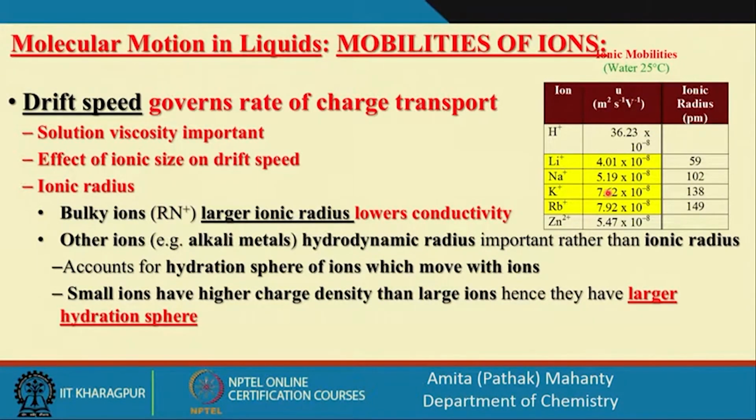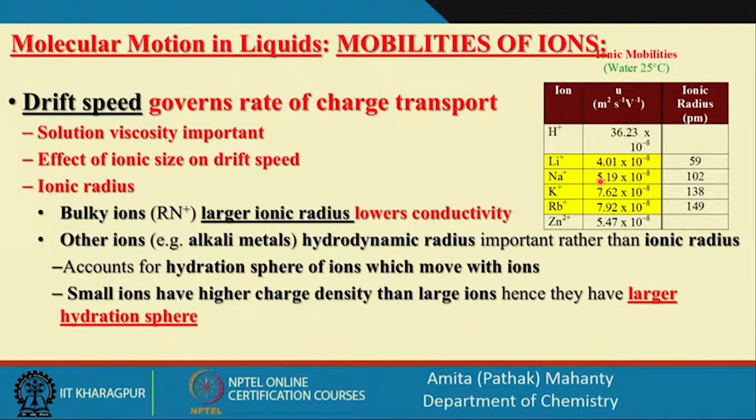Why is it so? When you have a smaller ion, what happens? The hydrodynamic radius, the solvated radius, is larger. The smaller the ion, the bigger the hydrated radius, because of the solvated ion. Okay. So for other ions, particularly alkali metal ions, the hydrodynamic radius is larger when the ionic radius is smaller.